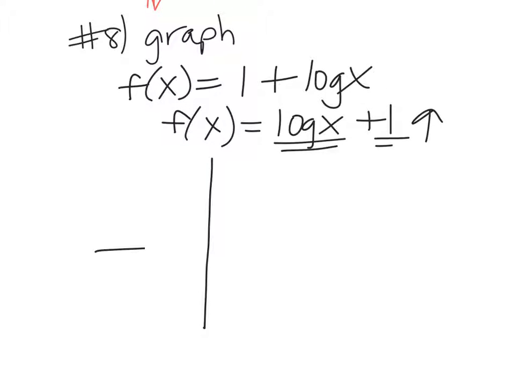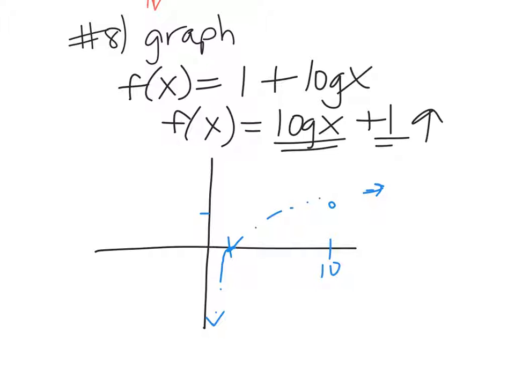So our parent function, I'll just graph it in blue again. You don't have to graph the parent function every time. So here's your basic parent function of log x. This is a lot flatter because it's log base 10. So if you went down here to where x is 10, y would be 1.